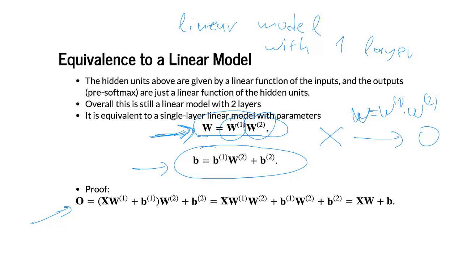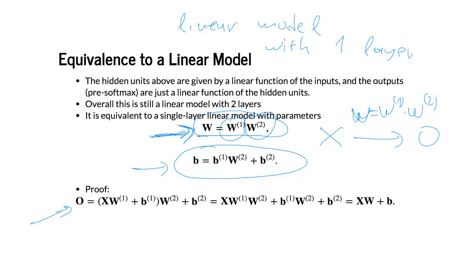Does it now make more sense? So we have to do something extra to go away from this linear model.